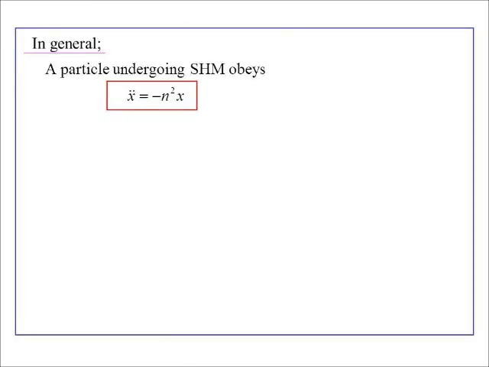In general, if they tell me it's simple harmonic motion, then I know it satisfies acceleration is minus n squared x. This one, v squared equals n squared times a squared minus x squared, is one of those ones that gets huge arguments about can you quote it or can't you quote it. I personally say, in general, no, and you don't need to, because you can get it all through just integrating anyway.